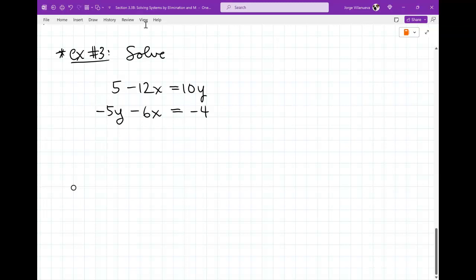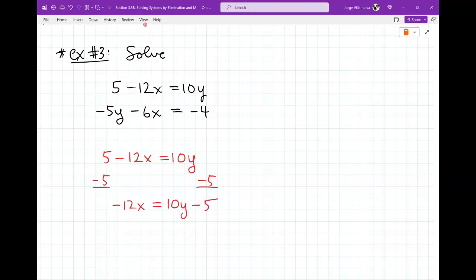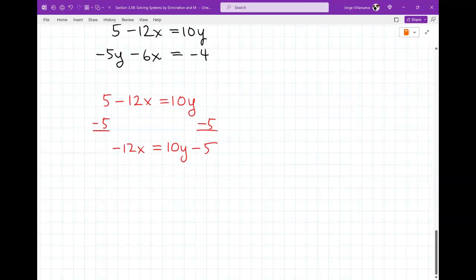So first, let's fix the top equation. Remember, x and y need to be on the left. The number needs to be on the right. So let me move the number first. Minus 5 on both sides. So I get negative 12x equals 10y minus 5.